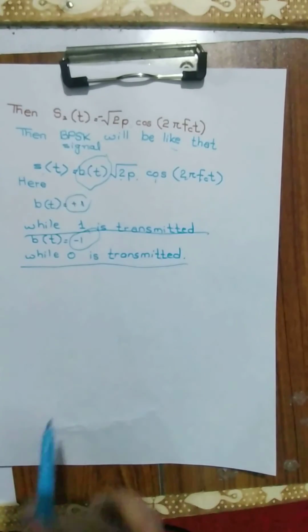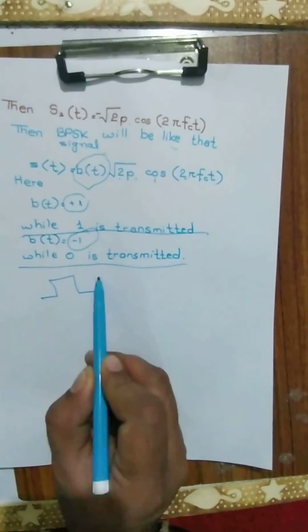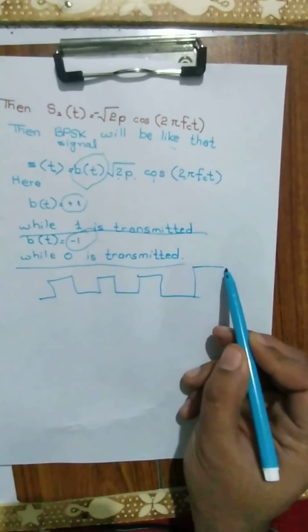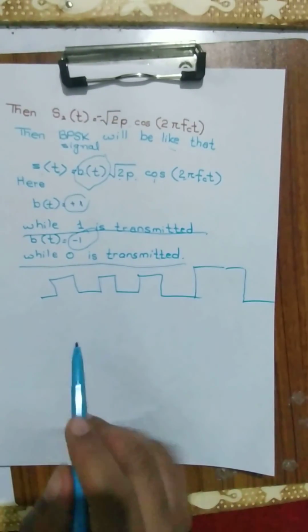As we know, a digital signal comprises 1 and 0, so either 1 is being transferred or 0 is being transferred.